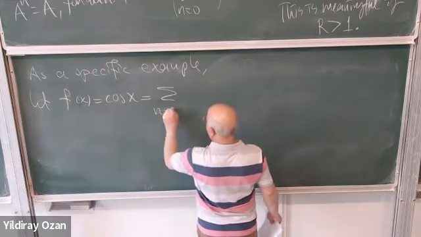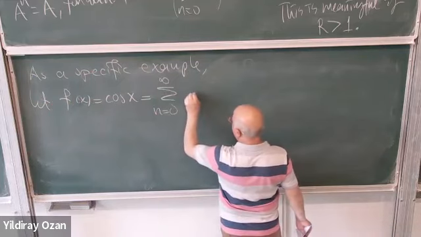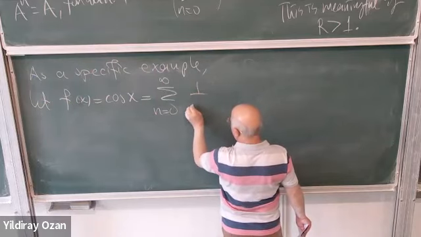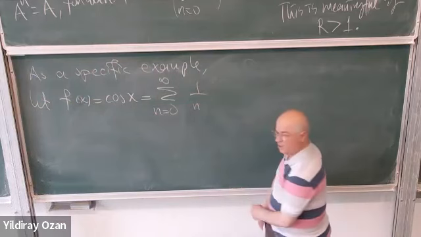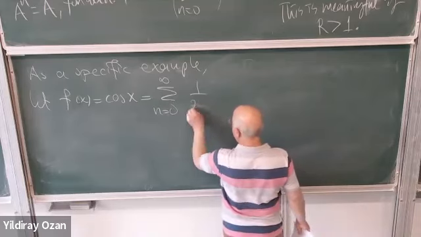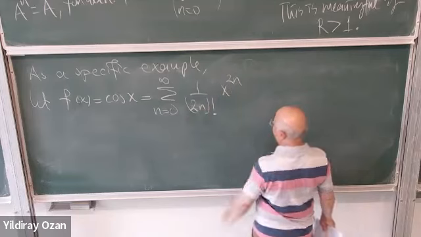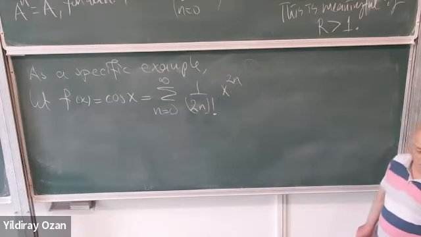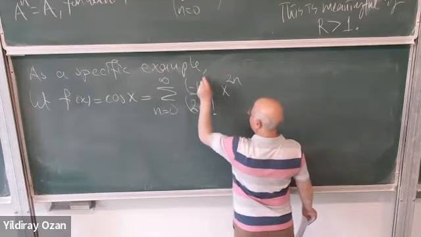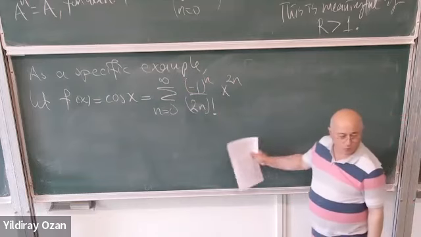It is the power series, the sum of minus 1 to the power n over 2n factorial times x to the power 2n. What was the radius of convergence?